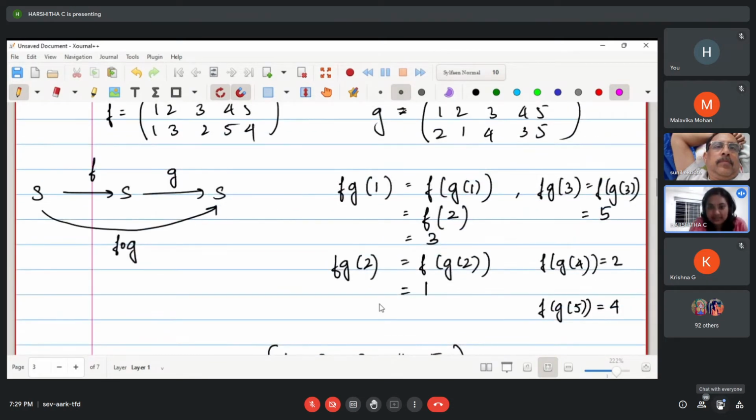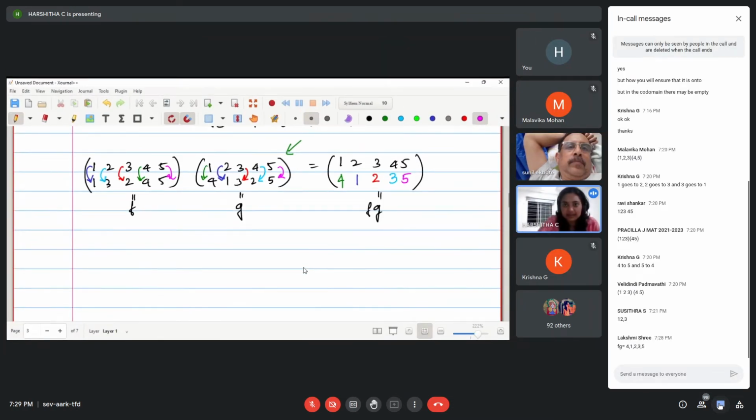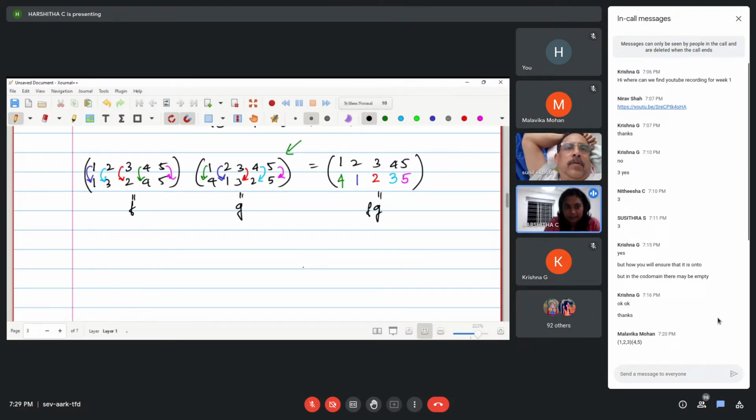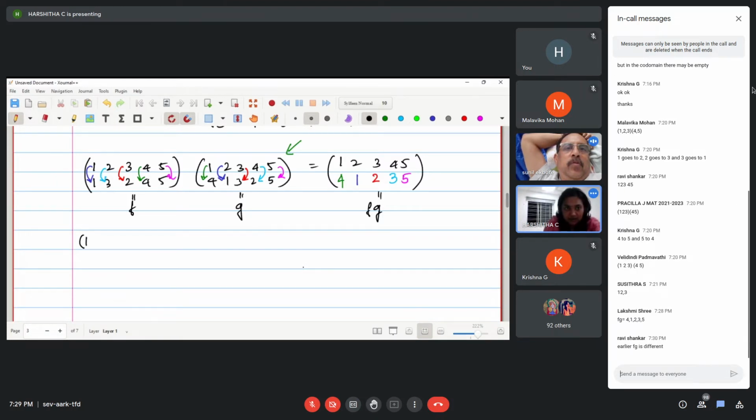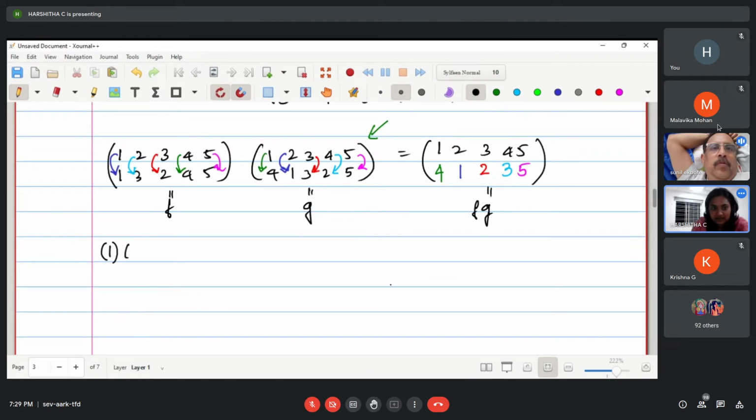So let's rewrite this in terms of cycles. Again, let's try to do it without writing out every step. So we have 1. 1 is 1, 4, 3, 2.